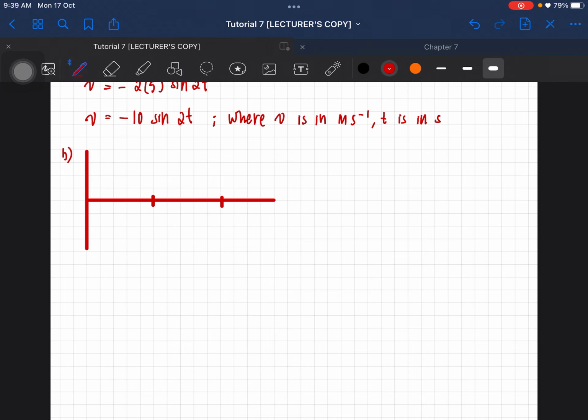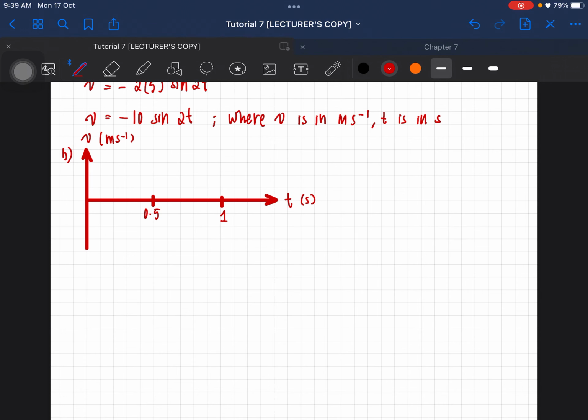Okay, so assuming 1 second ends there. So this is your V in meters per second. This is your T in seconds.